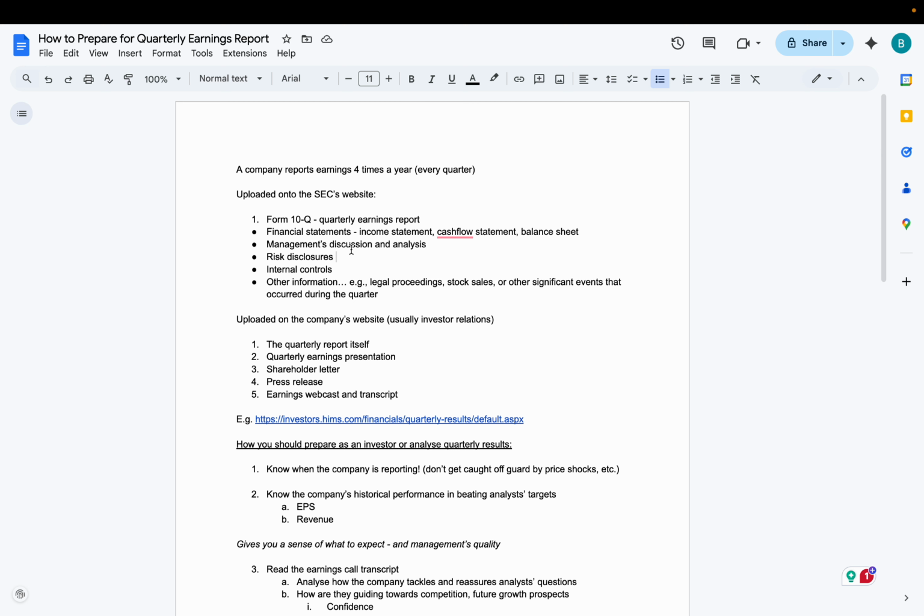They will be discussed over there as well. Any internal controls, for example, finance, legal, things like that, that investors should be wary of or know of, right? And maybe any other information, like, for example, any lawsuits, any stock sales by the management, the founders, etc., over the past quarter, or any significant events that occurred during the quarter that investors should know, right?